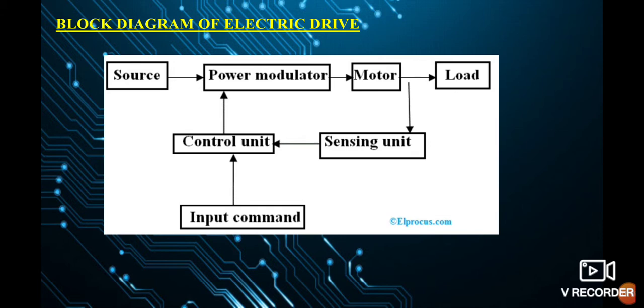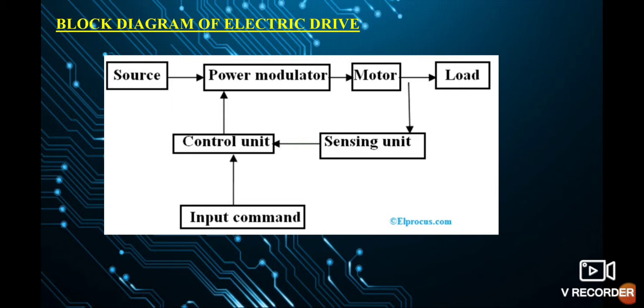Here is given the block diagram of an electric drive. So we see that we have a source, a power modulator, motor, load, sensing unit, control unit, and input command. The source is feeding the power modulator. The power modulator is feeding the motor. The output of the motor is being sensed by a sensing unit, and the sensing unit is feeding a control unit.